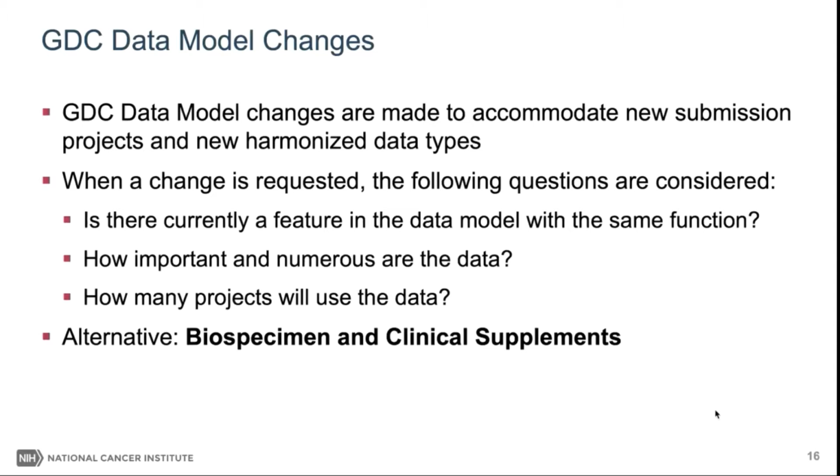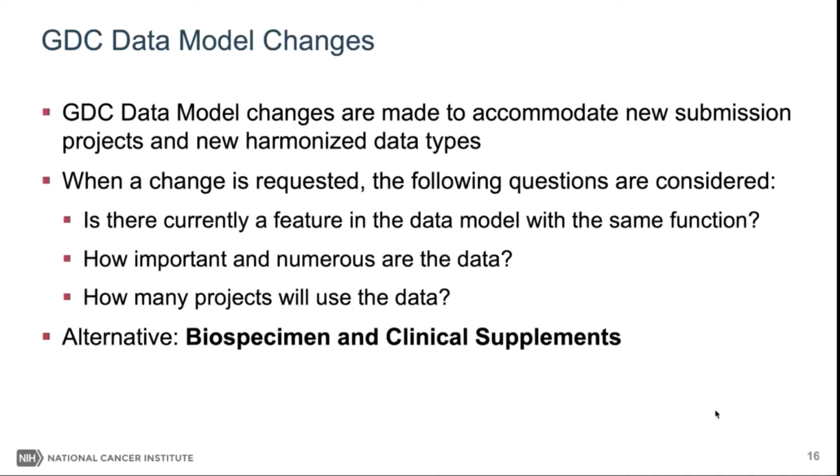However, when a data model change is rejected or just not made, the alternative is that the biospecimen and clinical supplements are available for submission. These are files that can be in TSV, JSON, XML format that submitters can upload to the GDC, and these will be made directly available to the public.